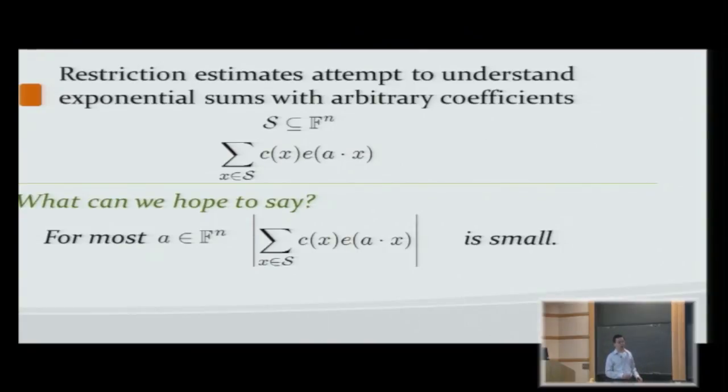Yes? So you're not composing anymore with higher degree polynomials? Well, to some extent I am, because I'm going to let S be a subset of n-dimensional space. When I had a polynomial, it corresponded to the number of monomials in the polynomial.